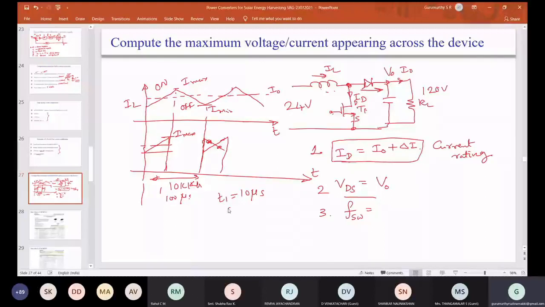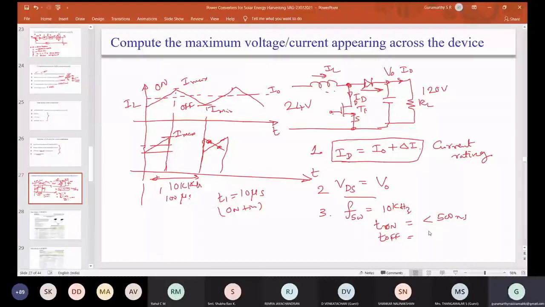So 10 microseconds should be far higher than the switching time of the device. So the on time and off time of the device should be far less than this. It should be less than maybe 500 nanosecond. So these are the ways you have to select the devices.